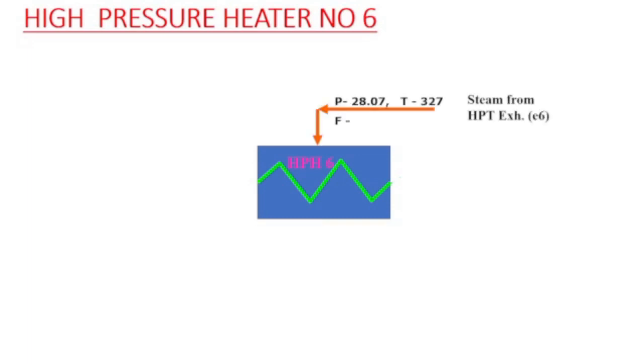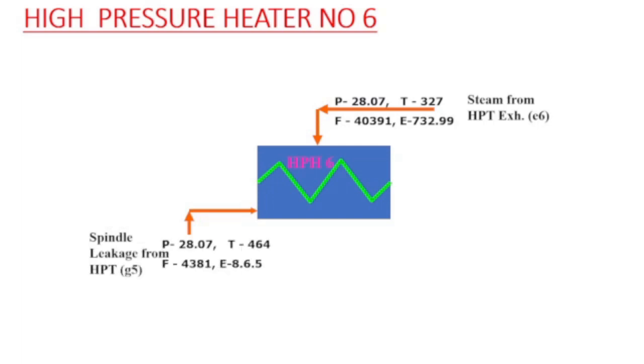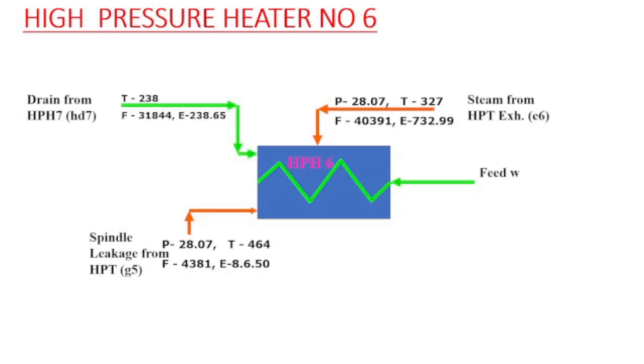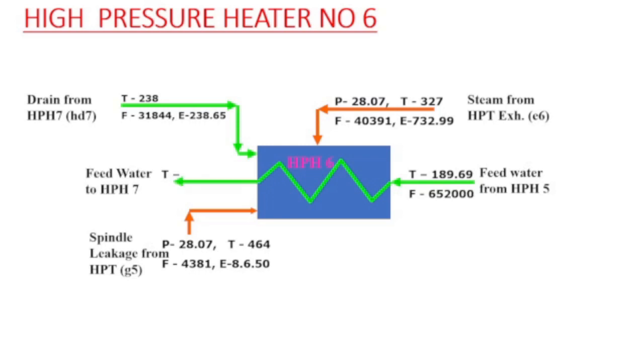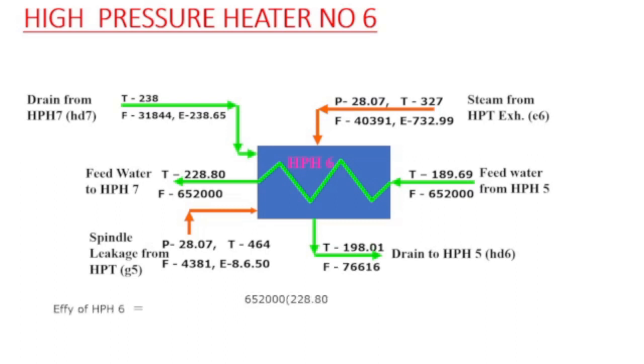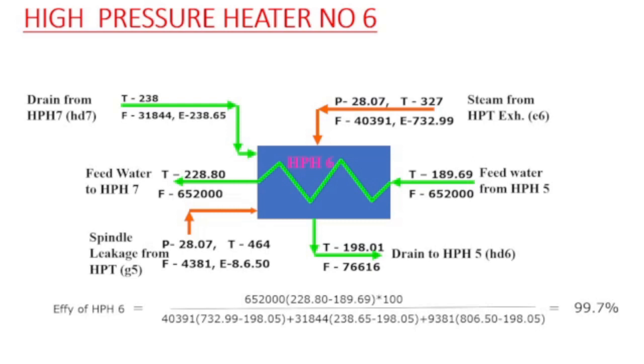Now the feed water from HP heater number 5 goes to HP heater number 6. The HP heater number 6 receives the steam from HPT extraction E6. It receives drain from the HP heater number 7, and it is also supplied with spindle leakage from HP turbine. That spindle leakage, as per the design, the pressure and the temperature and the flow has been taken as per the design.